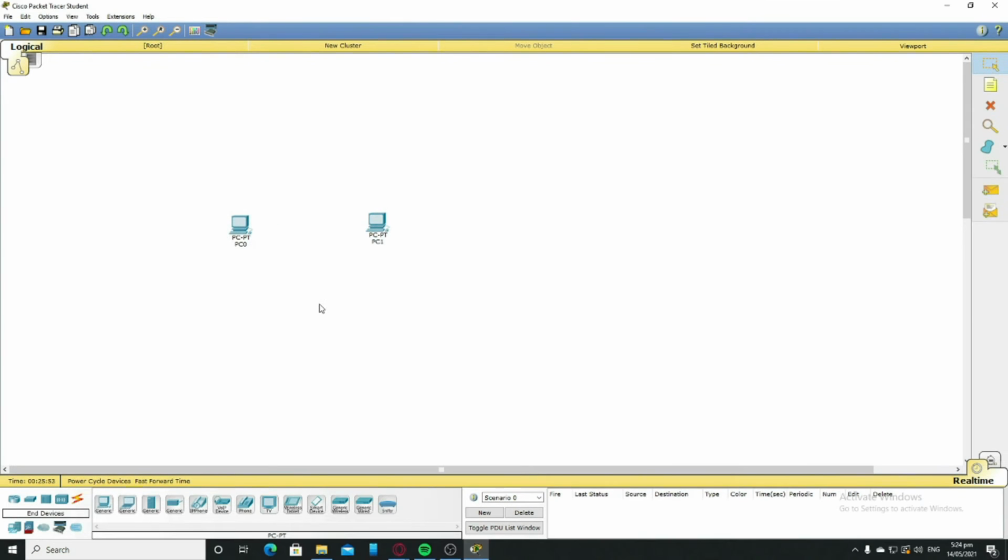Let's say you have two computers and we want to connect them to each other. So we're going to use a crossover cable. There. Now you can see they are simply connected to each other, right?